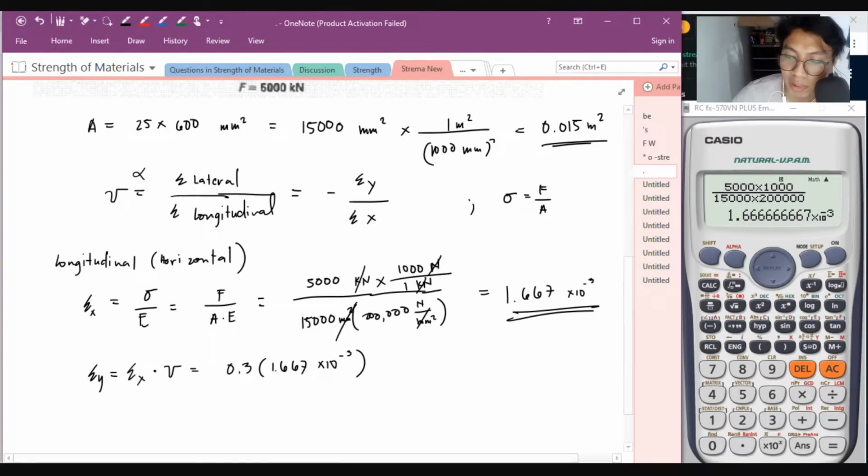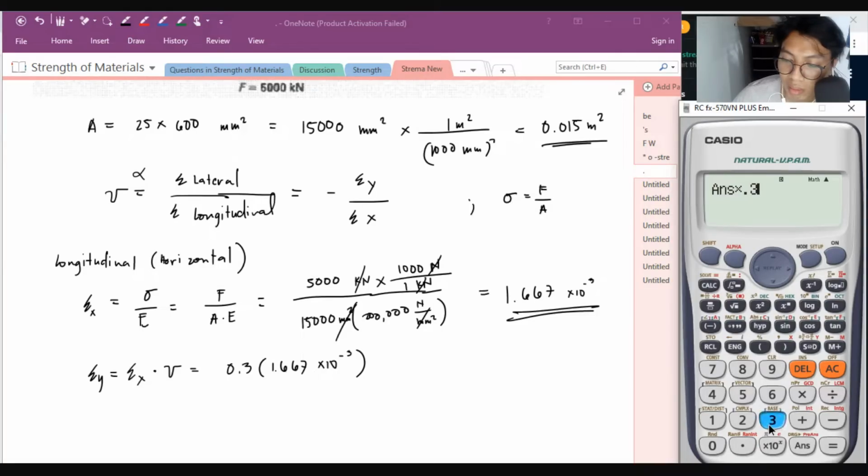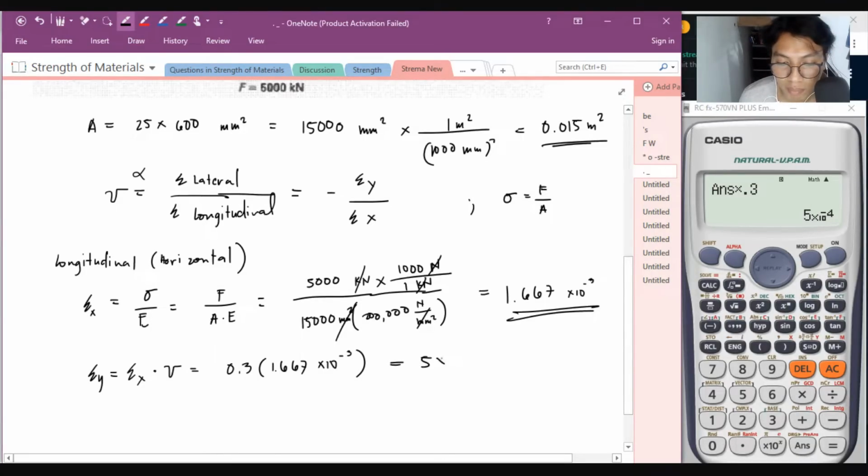Times ko na ito ng 0.3. Okay. That is 5 times 10 to the negative 4. Yan yung sa Y. Or, this is equal simply to meter to. Naka-meter yan ha. Ito, meter din to. May tira ba? 1, 2, 3. Okay, meter.